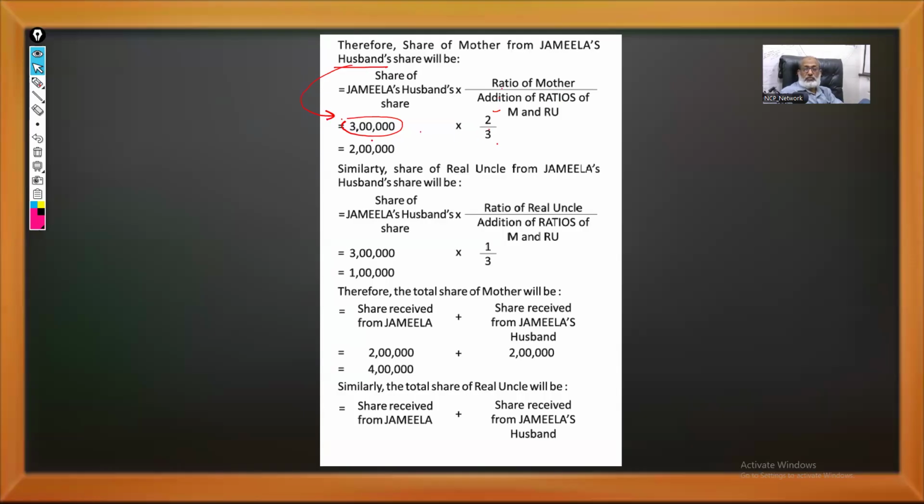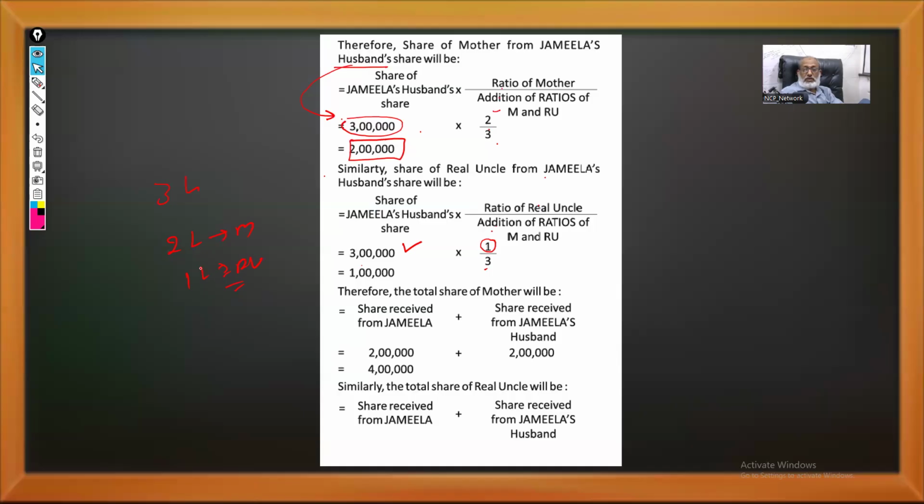When you simplify it, you will see that from the 3 lakh rupees of the husband, 2 lakh will go to the mother, and the real uncle will get only 1 share, and the total ratio is 3. So from the 3 lakh, 2 lakh will go to the mother, and 1 lakh will go to the real uncle.